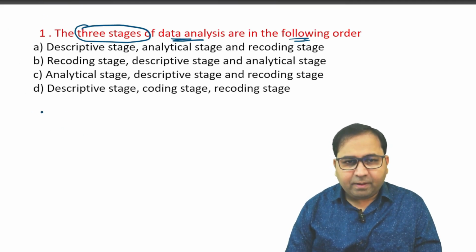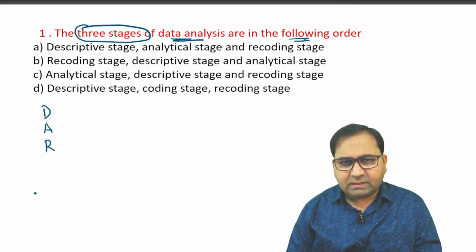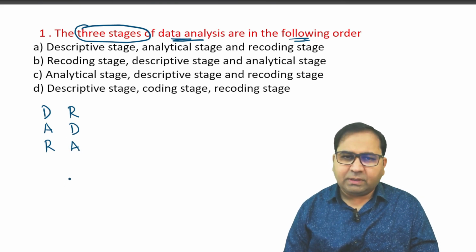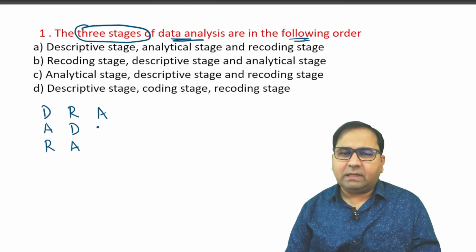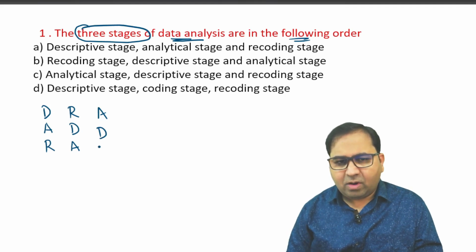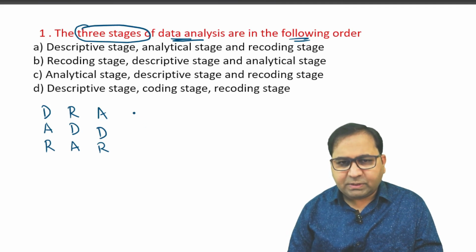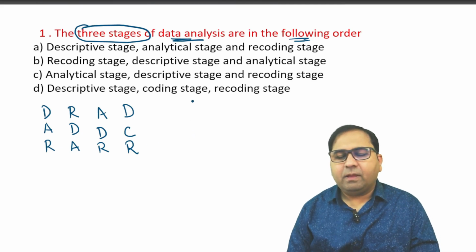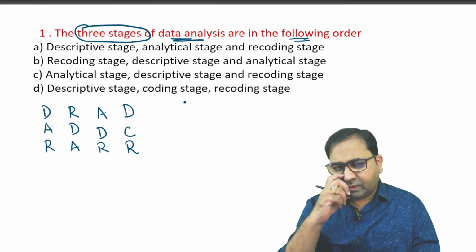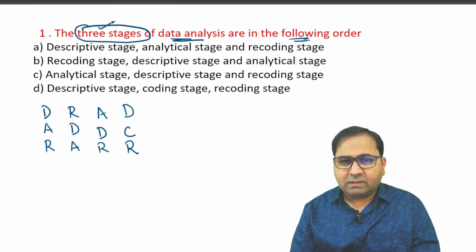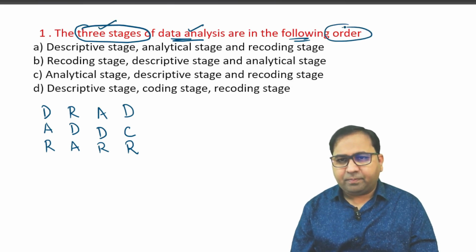Option A, descriptive stage, analytical stage, recoding stage, or option B, recoding stage, descriptive stage and analytical stage, or option C, analytical stage, descriptive stage or recoding stage, or option D, descriptive stage, coding stage and then recoding stage. So which is the correct answer for this question regarding the 3 stages of data analysis and the order?